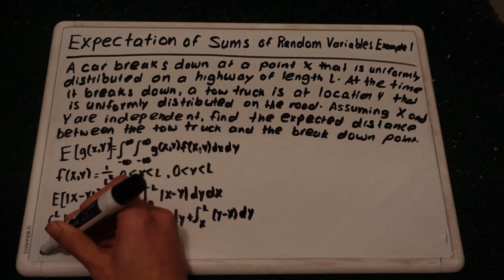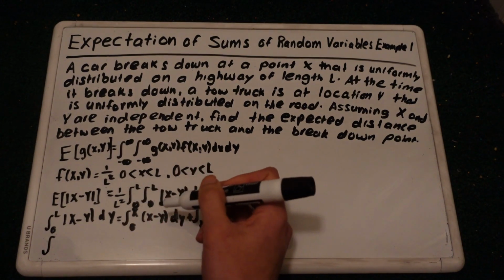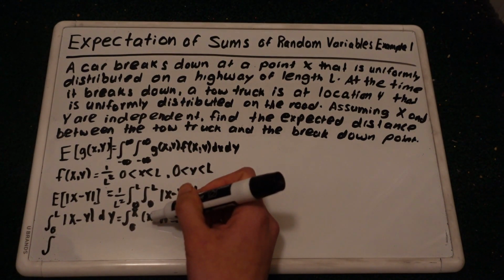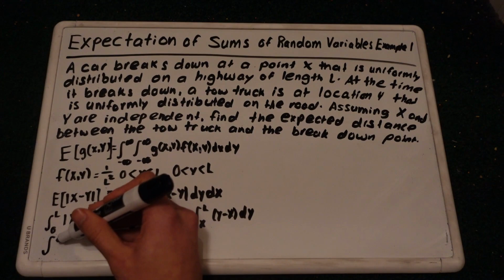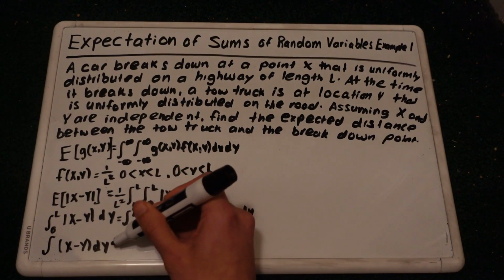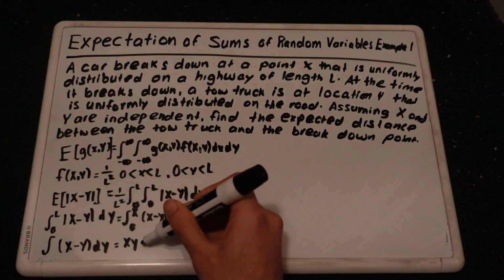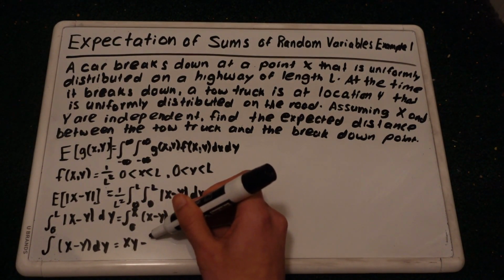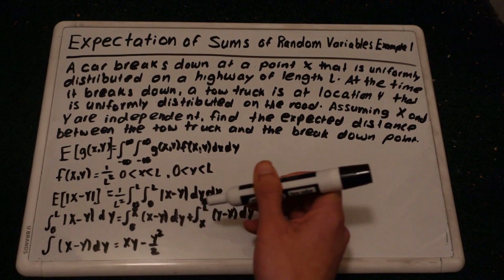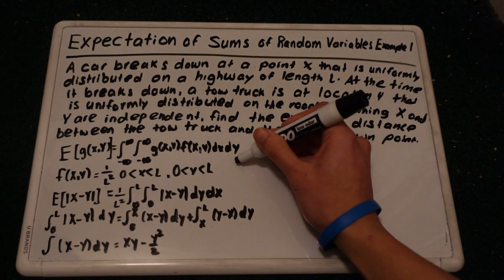So first let me work with the integral of x minus y dy. That would just be xy minus y squared over 2. And now let me plug in x.